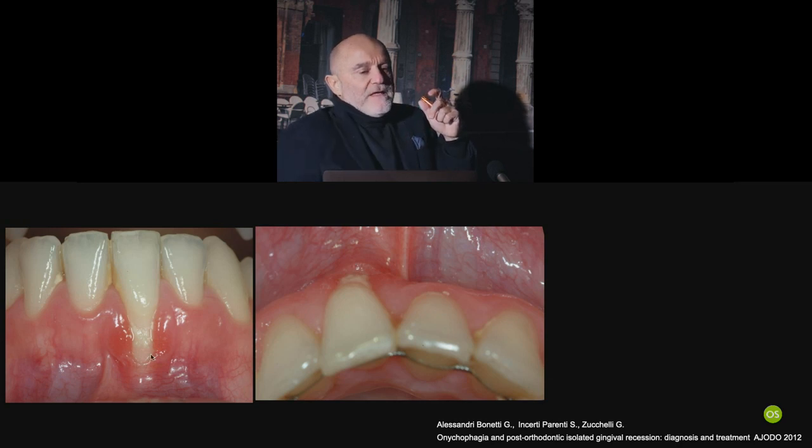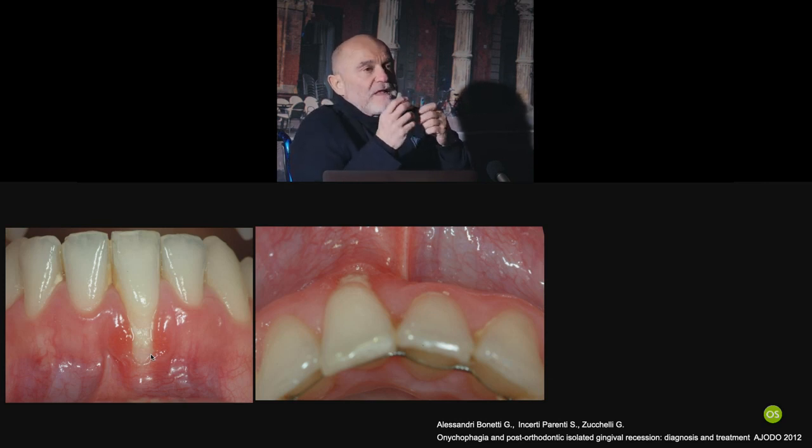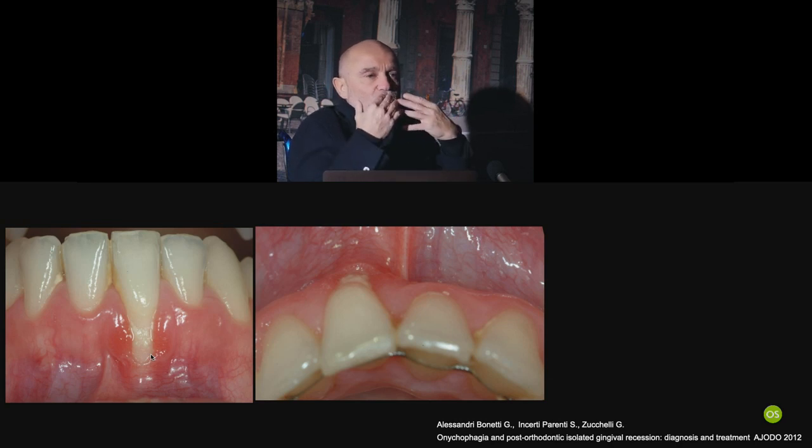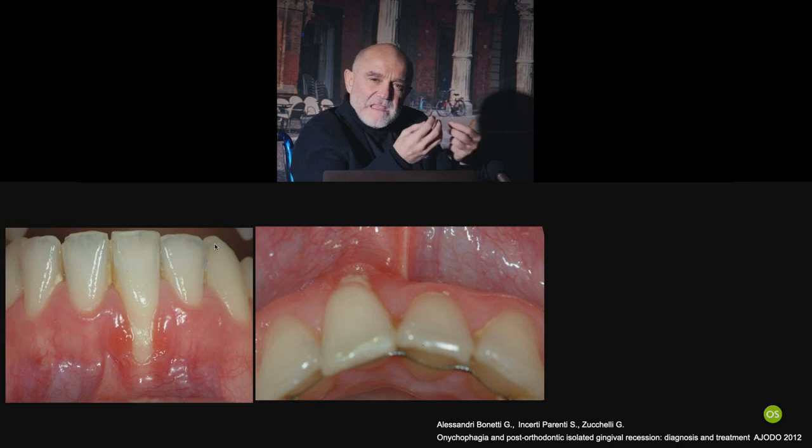Typically, we see a reddish tissue all around the root, especially in the most apical aspect of this. And this is the attempt of the periodontal ligament to produce new tissue that tries to attach to the root, but the root is so outside of the bone, especially in the most apical third, that this tissue remains very immature.